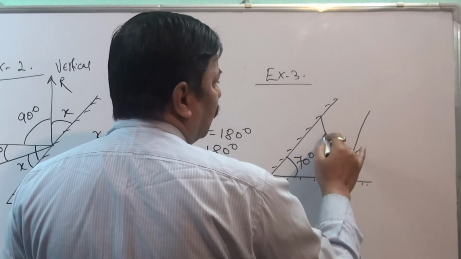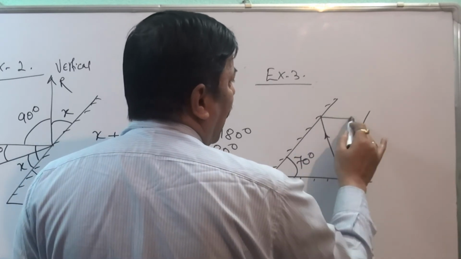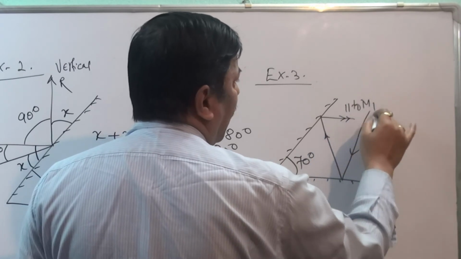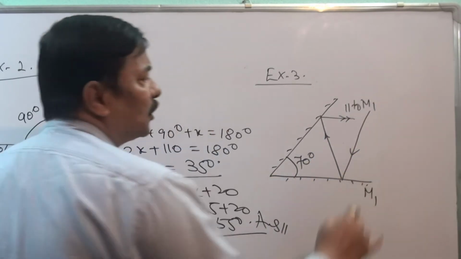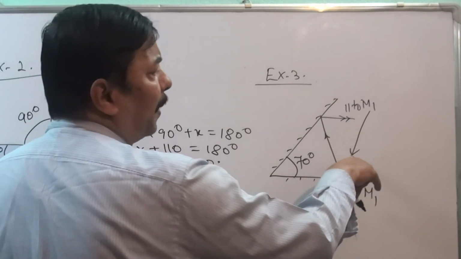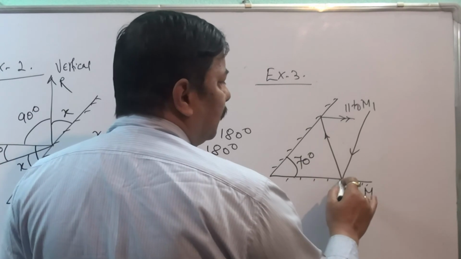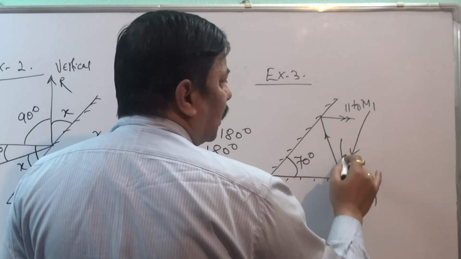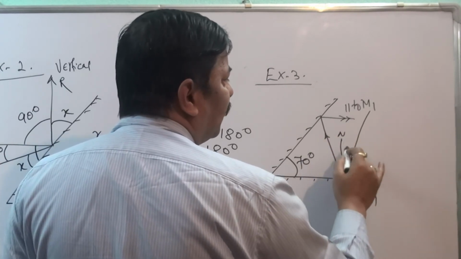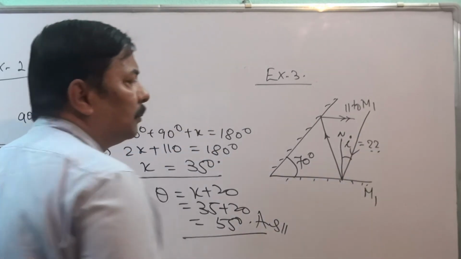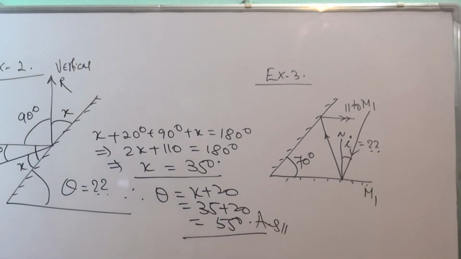After reflection it falls on the other mirror and it becomes parallel to mirror M1. This is M1. It is parallel to it. This ray is not parallel. This is parallel. Now they are asking, this is normal. This angle of incidence I is equal to how much? Think about this question. This is also based on geometry.